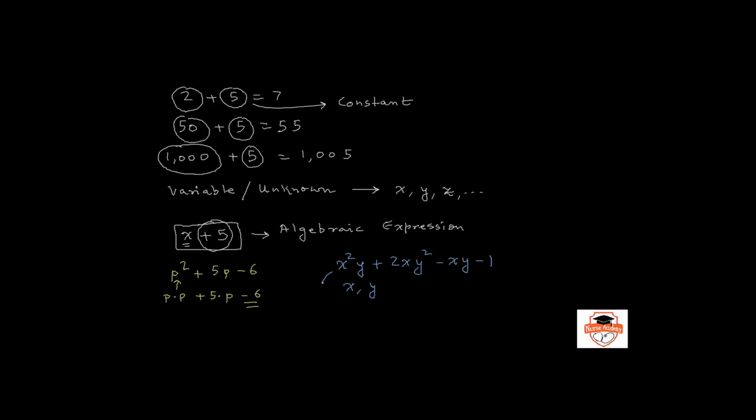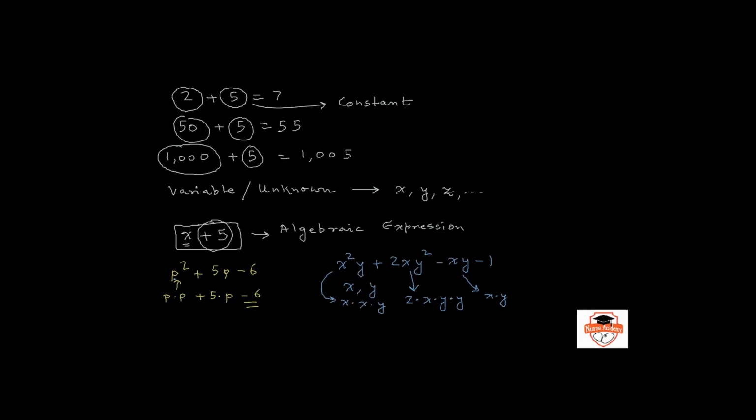X square y means x multiplied with x multiplied with y. 2xy square means the number 2 as we know it multiplied with x multiplied with y square or y times y. And this obviously means x times y, that's xy, and minus 1, the constant, the number negative 1 as we know it.